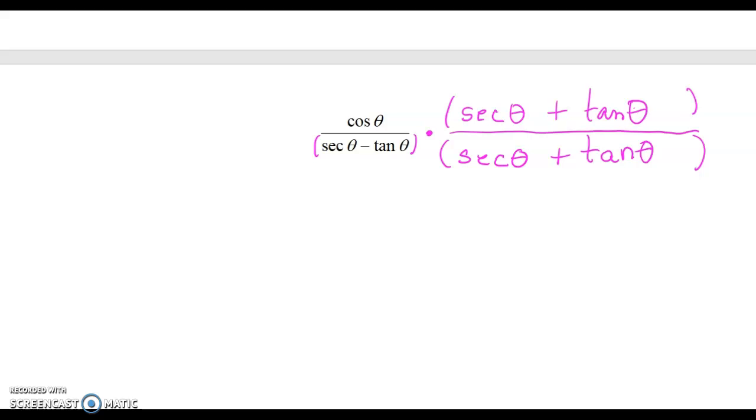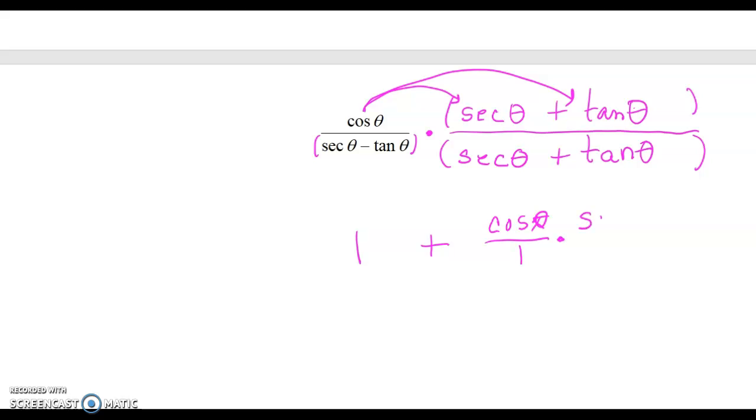So here we go. Let's distribute cosine. Cosine times secant. Cosine and secant are reciprocals. Anytime you multiply reciprocals together, you will always get 1. Then cosine times tangent. So that's cosine theta over 1 times tangent.